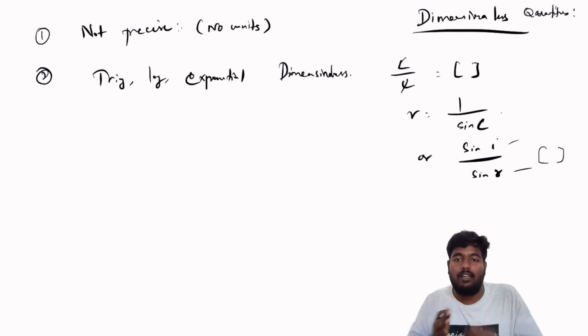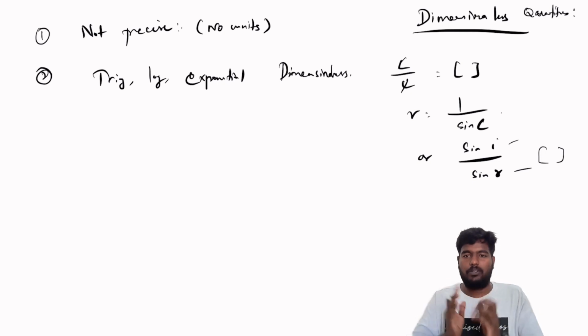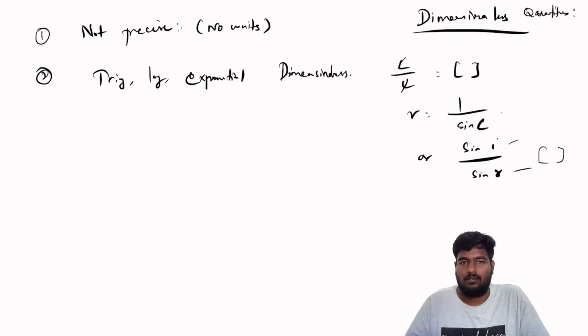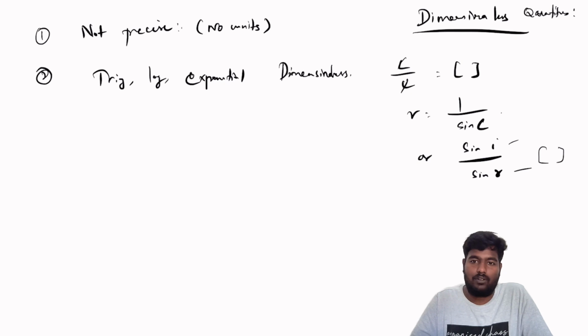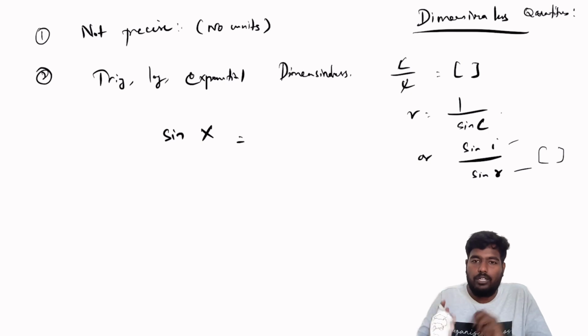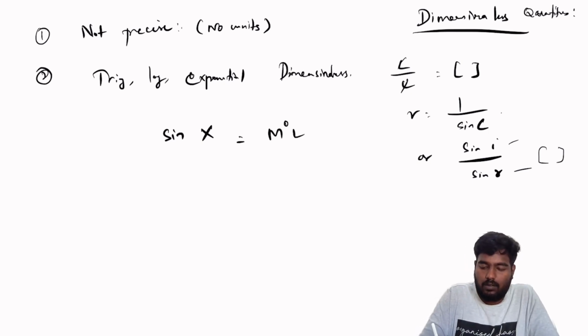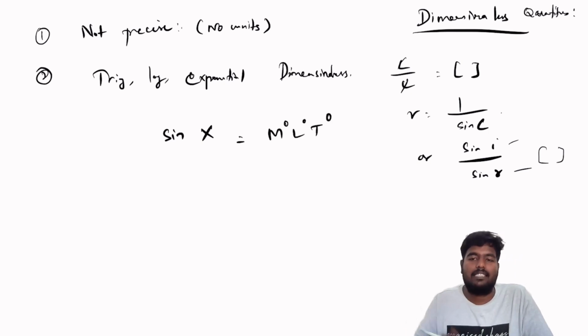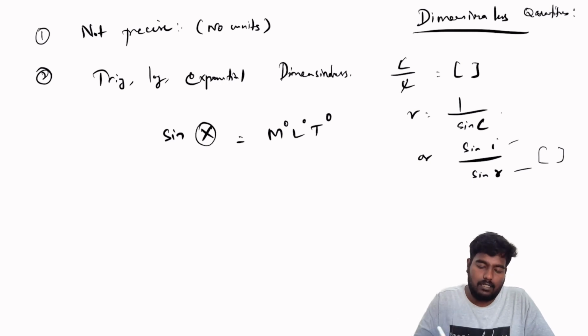So if they are part of your equation, you cannot be precise about the dimension inside. For example, I can say sine of some x. This is dimensionless. How do you denote dimensionless? Mass power 0, length power 0, and time power 0. Any dimension power is 0. Sine x is dimensionless, but this x dimension should be 0.